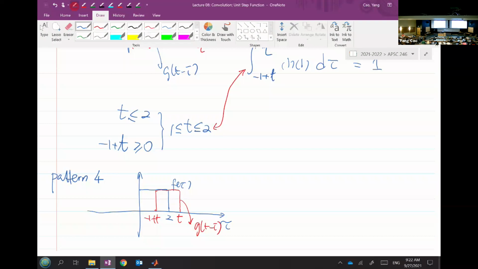So that's the fourth pattern. Under this pattern, again, ask the same 2 questions. First question, where is the overlap? Okay, so that is the overlap here. Basically, the question is, where is the non-zero portion of overlap?